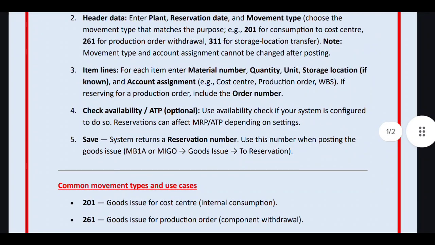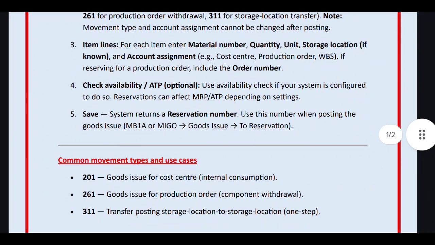Check availability. Use the availability check if your system is configured to do so. Reservation can affect MRP and ATP depending on the settings. Once you save, the system returns a reservation number. Use this number when posting the goods issue, like MIGO goods issue to reservation, right?